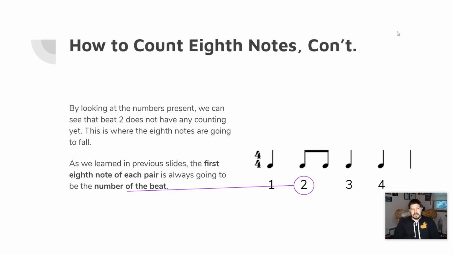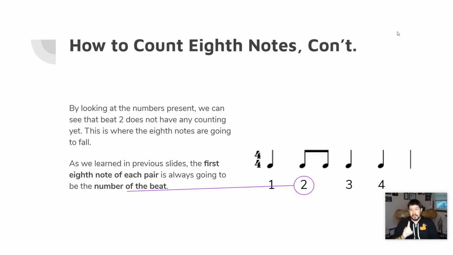Like I just said, we learned in previous slides to look at the numbers present, and we can see that beat 2 doesn't have any counting yet, and this is where the eighth notes are going to be. In previous slides, we learned that the first eighth note of each pair is always going to be the number of the beat. This is especially important. You've got to remember this part: the first eighth note of each pair.